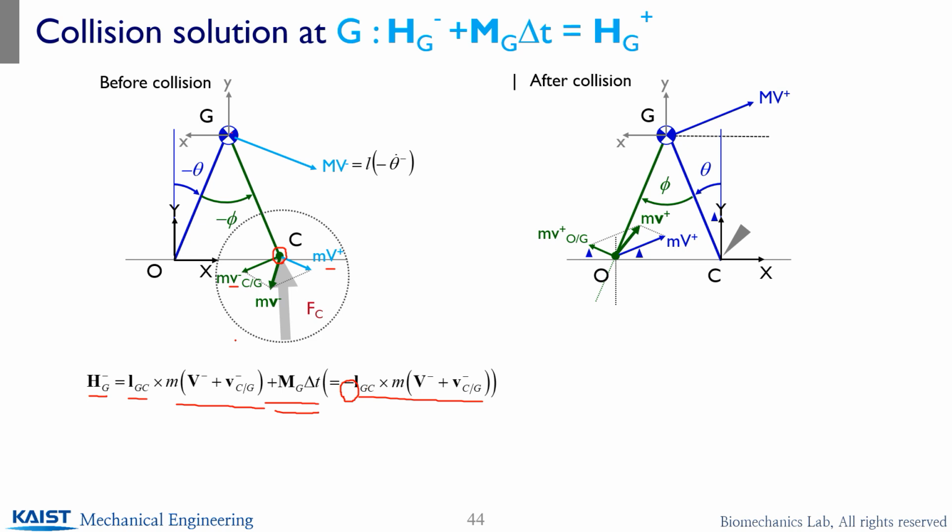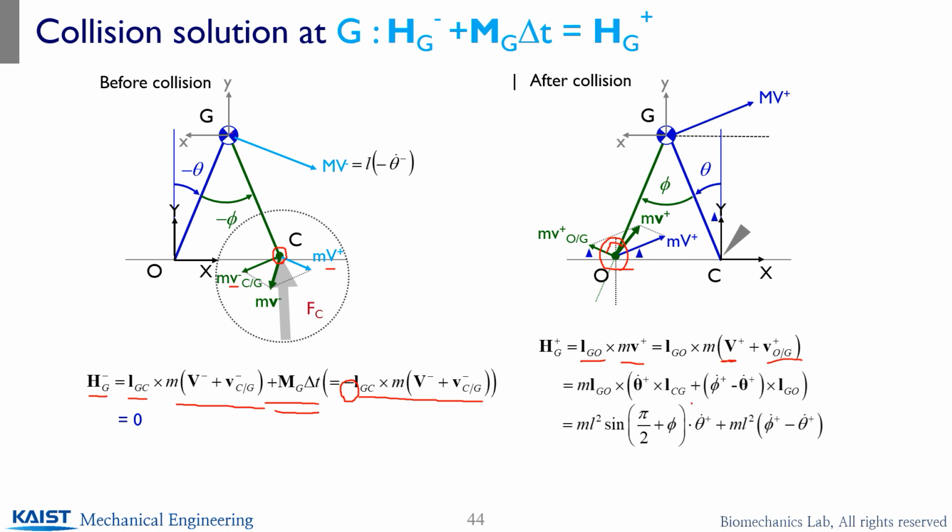As you can see, the left-hand side and the additional angular impulse are equal, so they cancel out. After collision, with respect to G, your new swing leg, the small mass, will generate the angular momentum L cross product m v plus small v, and those small v's are the sum of the relative velocity and the center of mass velocity after collision.